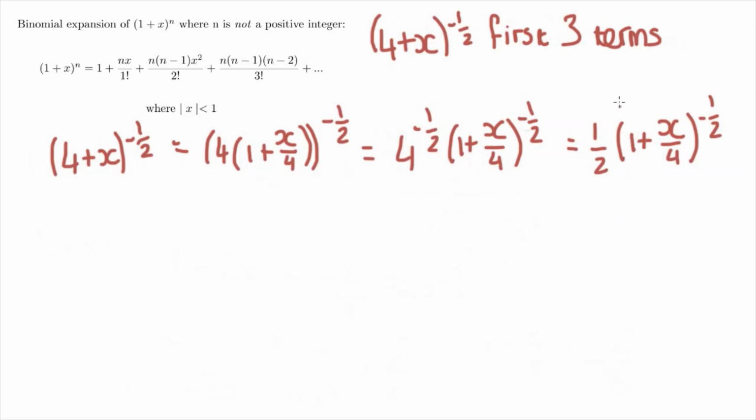So now what we're going to do is do the binomial expansion of 1 plus x over 4 to the power of minus a half, and at the end we're going to multiply everything by a half.